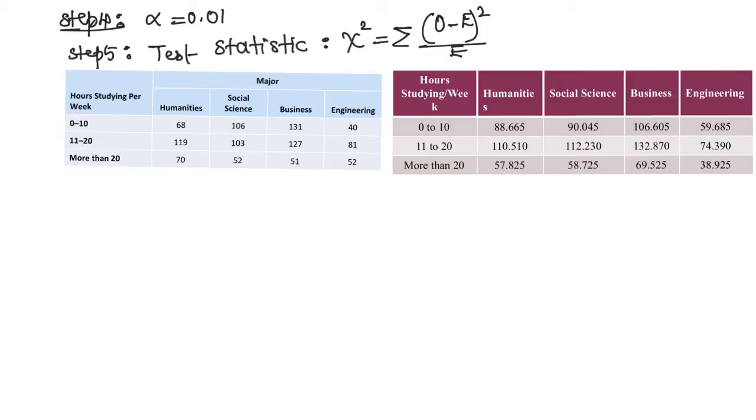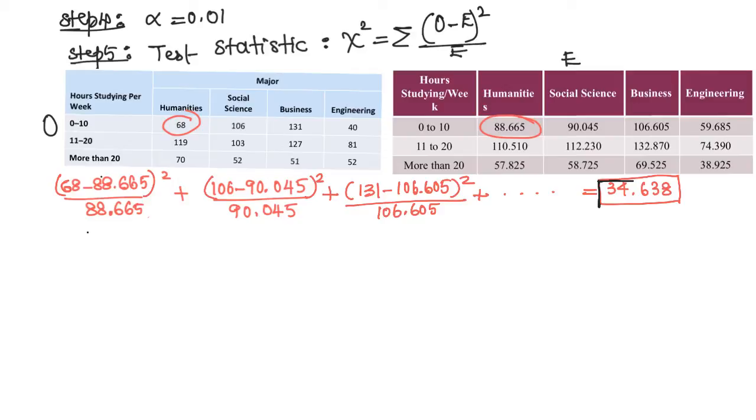This is all observed frequencies, and this is the expected frequency. So for each one, calculate (O minus E) whole squared divided by E. Then add everything together, then you will get the test statistic chi-square.